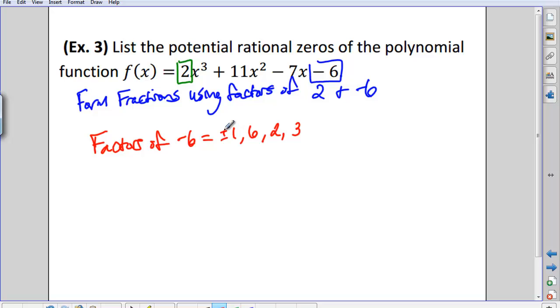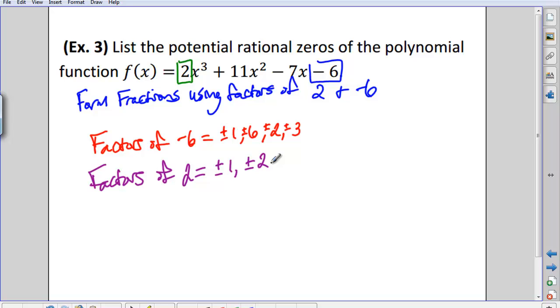We could also have positive or negative on all of these. You know, if positive 1 divides into negative 6, well, negative 1 does also, right? Negative 1 times 6, positive 1 times negative 6. So those are all the factors of negative 6. What are the factors of 2? Well, that's positive and negative 1 and positive and negative 2, right?